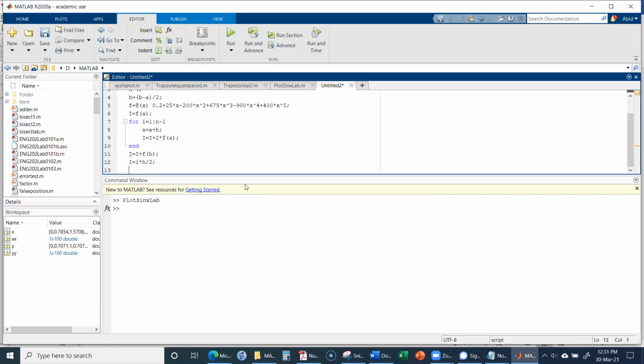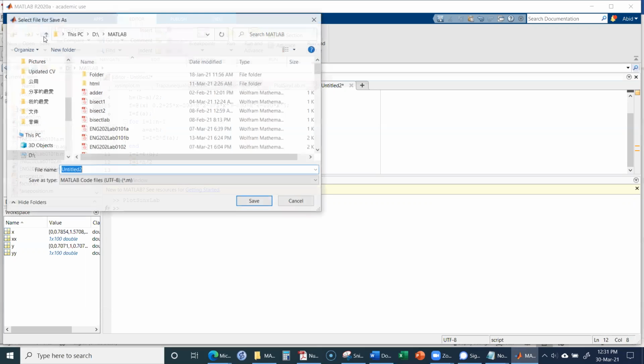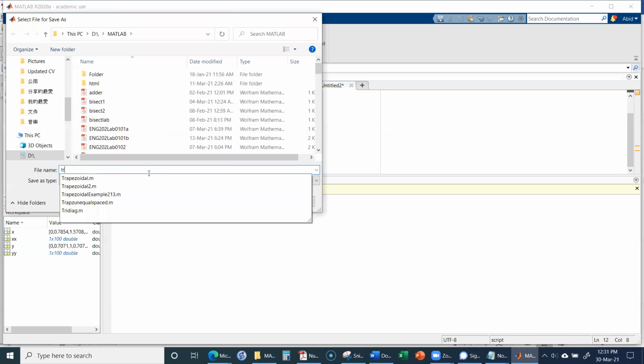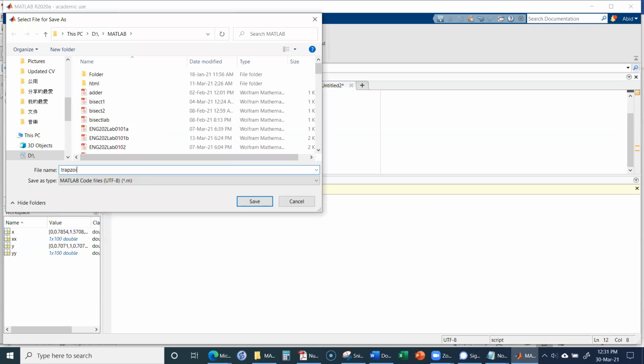In this case, I will get this value of I. So the final value of I, I can print it, and then let's save this as trapezoidal lab.